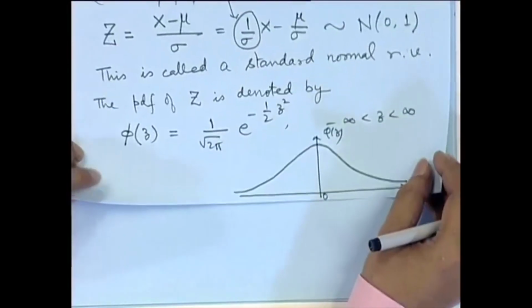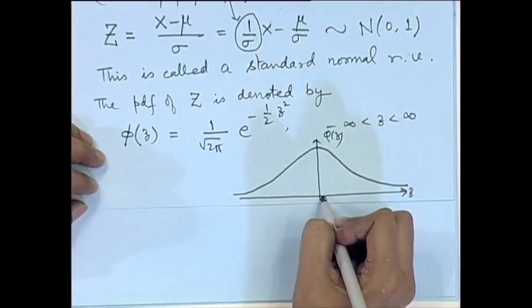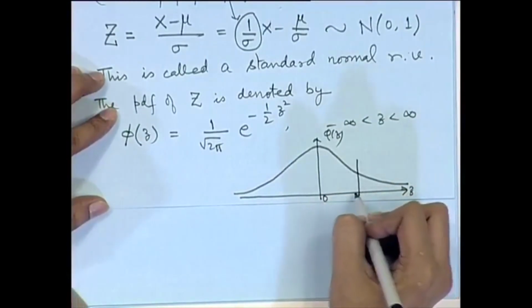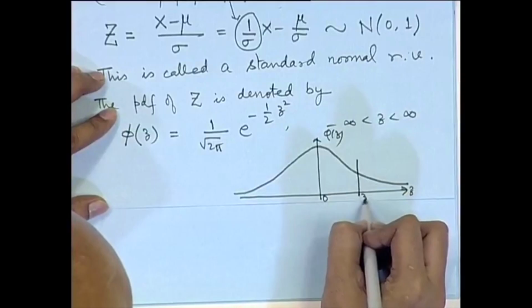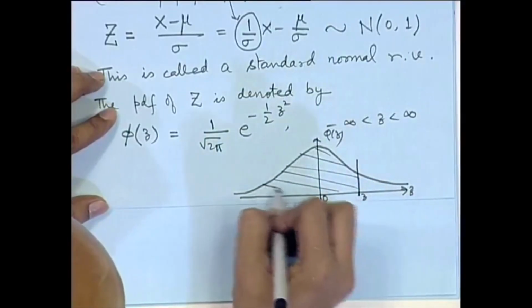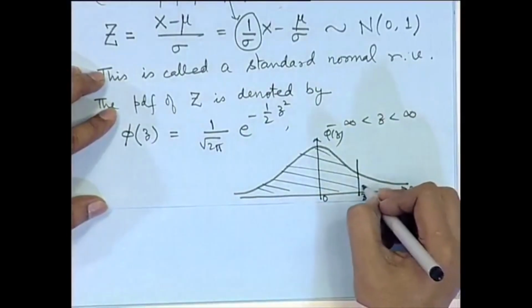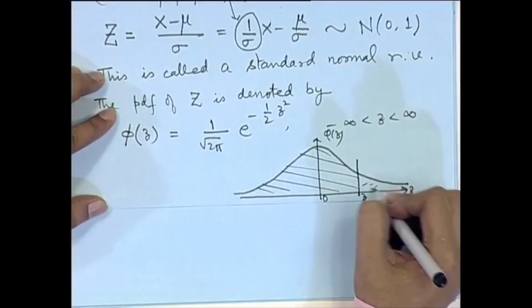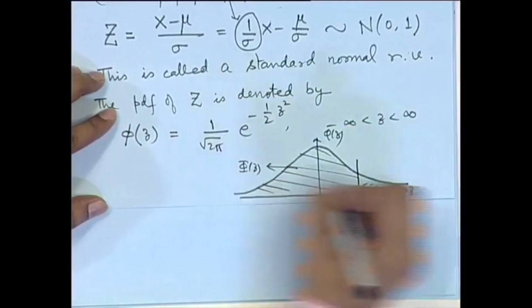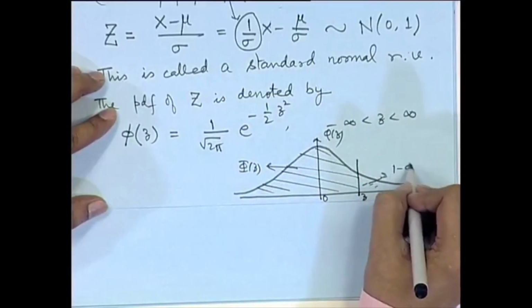The standard normal distribution is symmetric about z is equal to 0. So, if we are considering, say, if this is the point z, then capital phi of z is actually this area. So, this area will become equal to 1 minus phi of z. If we call this area as capital phi of z, then this is 1 minus phi of z.